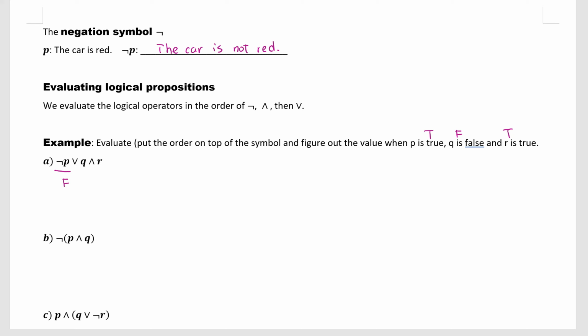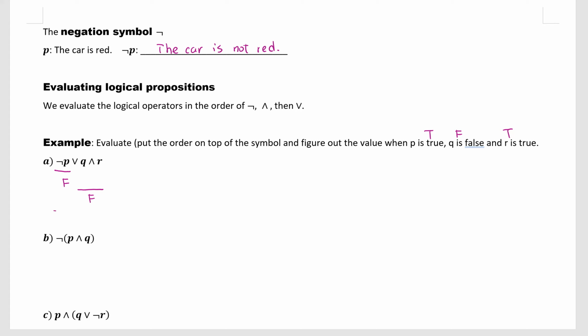Okay, next we look for the and, right? Here we have the symbol Q and R. So Q and R is what? So Q is false, R is true. So false and true is false.